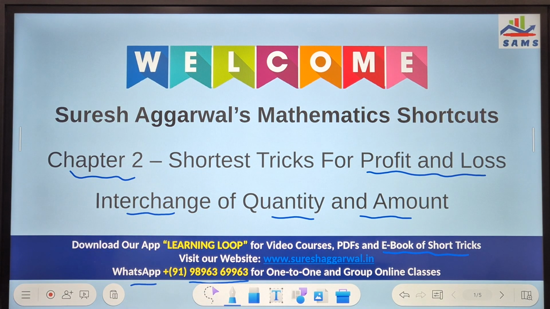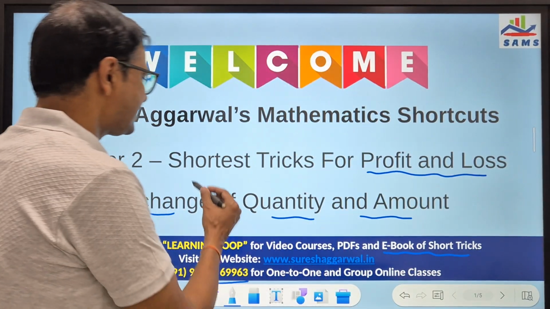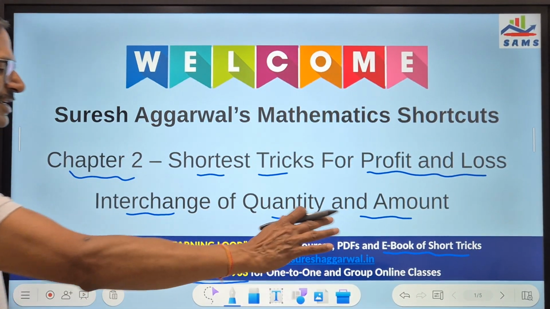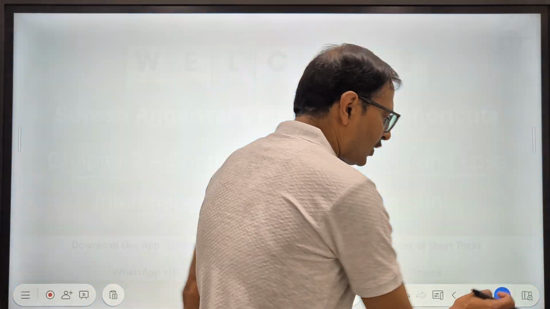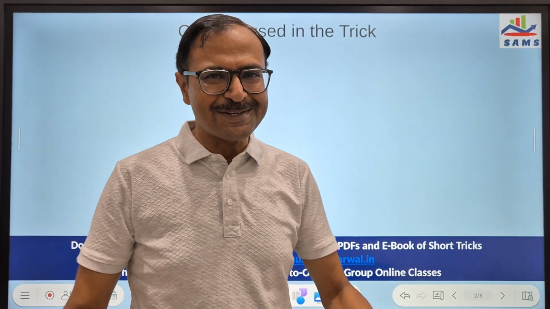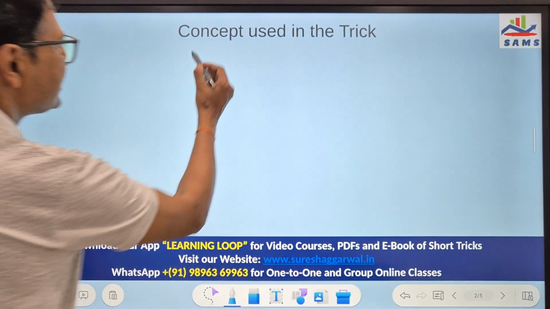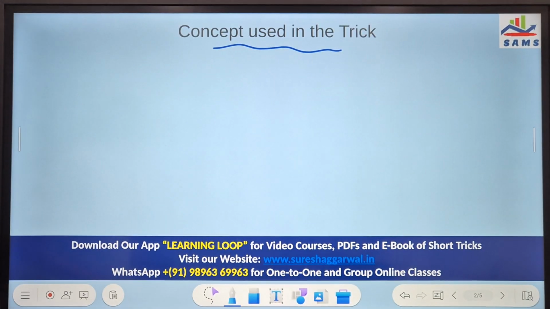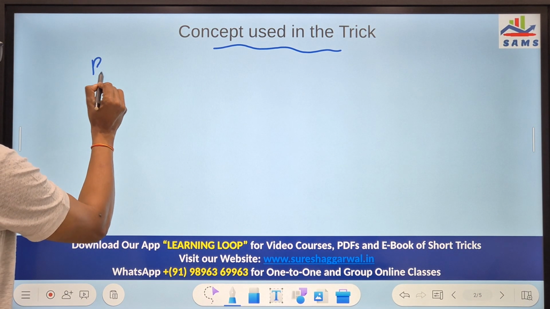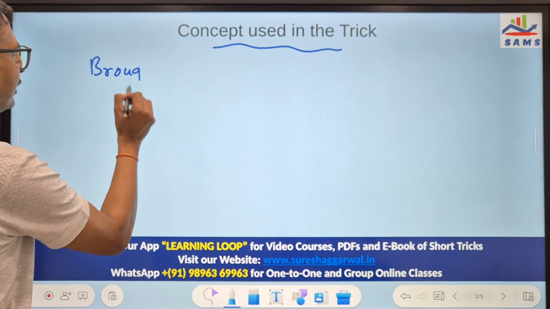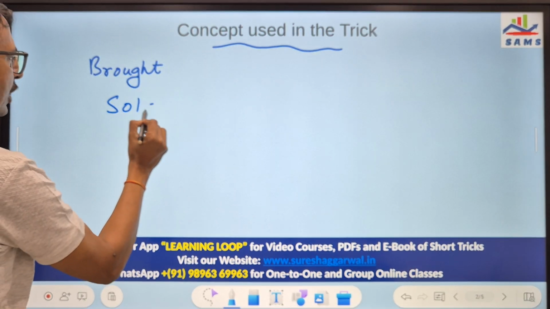So friends, let's first understand the shortest trick for solving this problem of interchange of quantity and amount. The concept first and the trick first, and then the application part will come in. The concept used in the trick is like this. Suppose we are buying something, so bought, and we are selling something, so sold.